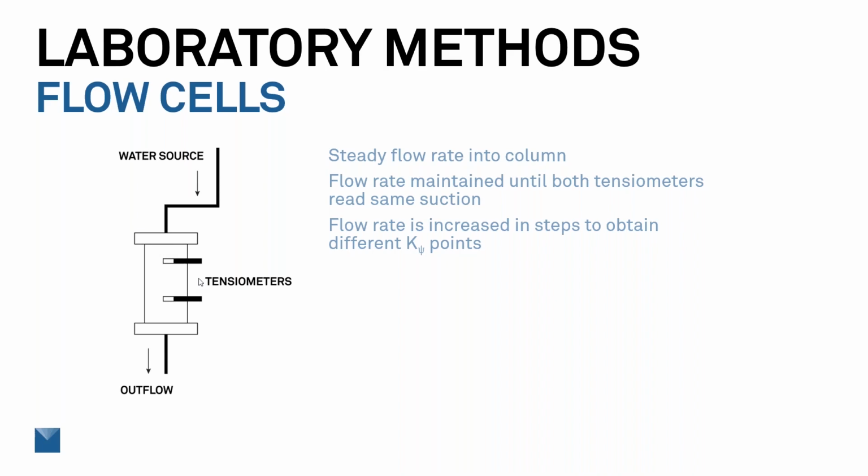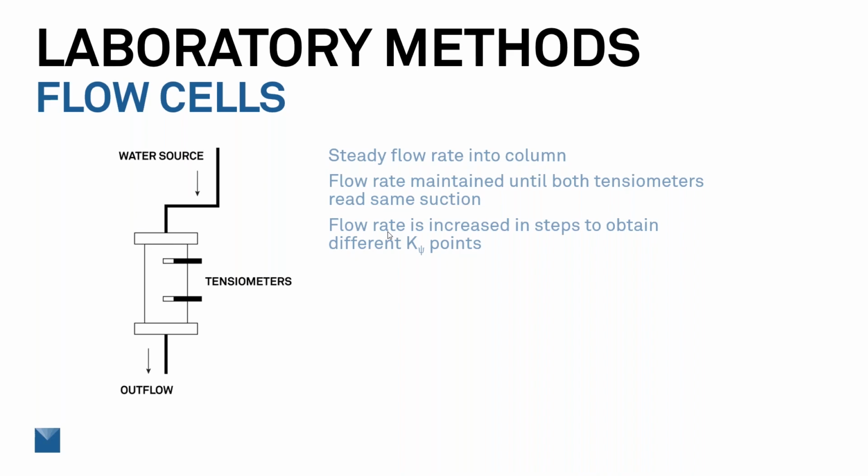Another piece that is different with this approach: one, we're having to make a measurement of suction or water potential, but we're also going to have to control the flow rate of water into that core sample. So instead of just imposing a constant head of water, we actually have to have a controlled flow rate into the sample. So it does make this setup a little more complicated.